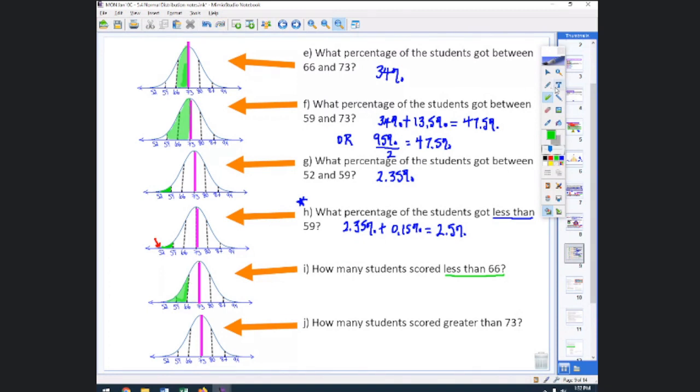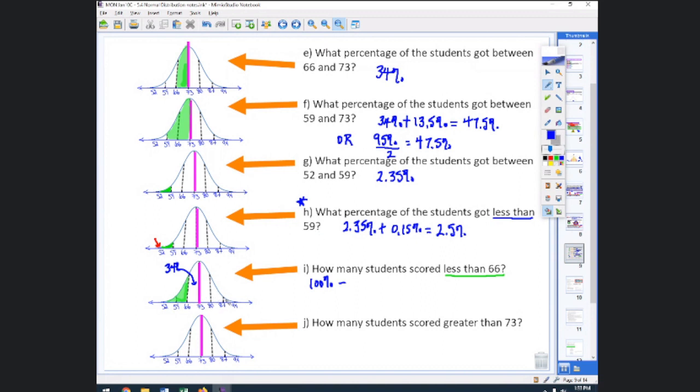So essentially, there's a couple ways you could do this. You could say, I'm going to take the total, and I'm going to subtract all of this and all of this. Well, I think that this one little guy right here is 34%. How much is this to the right of the pink line?